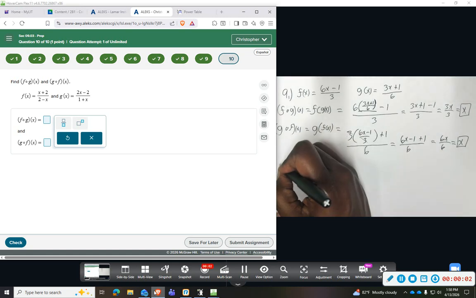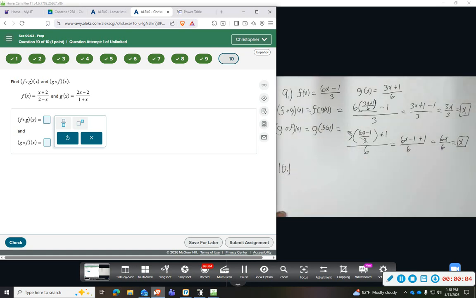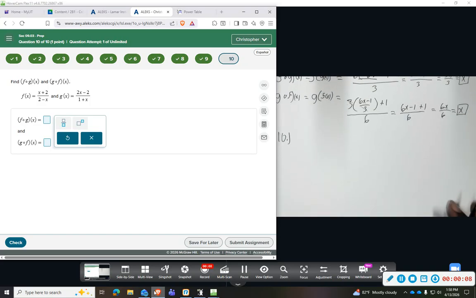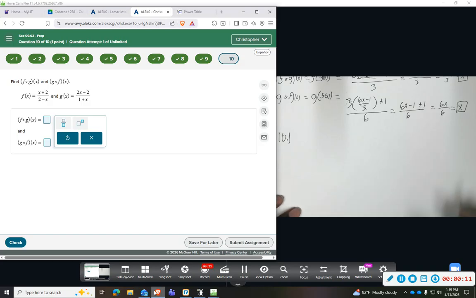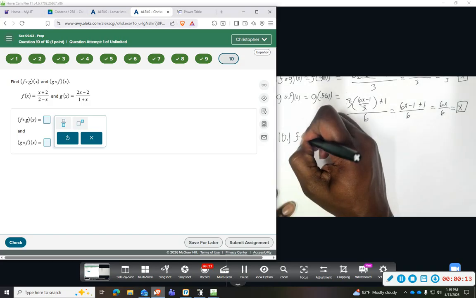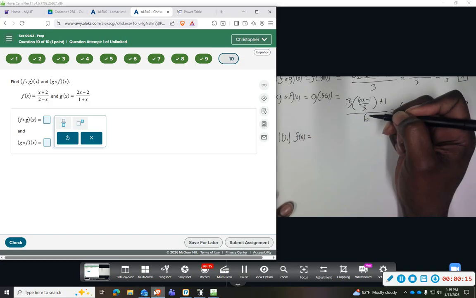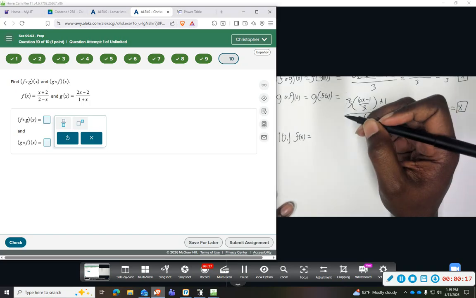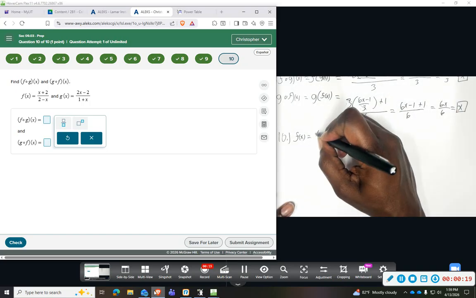Number 10, we want to do a composition of functions. We're given f and g of x, and we want to do f of g of x and g of f of x. So f of x is given as x plus 2 divided by 2 minus x.